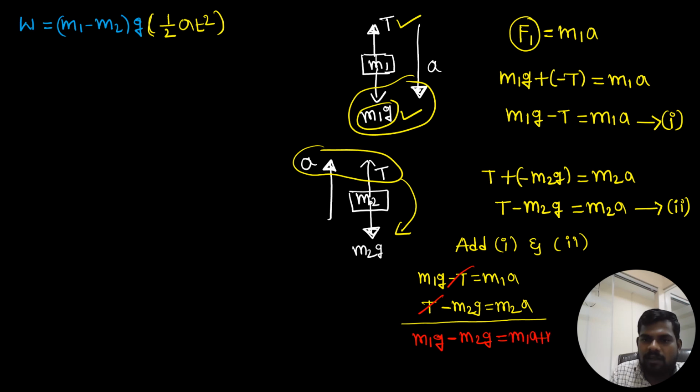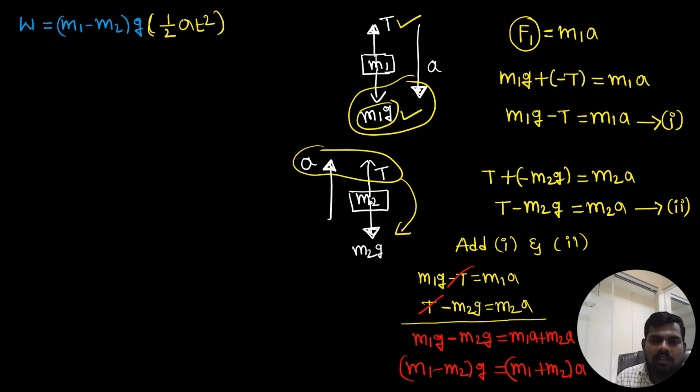m1a plus m2a. So what is common in this case? g is common: m1 minus m2, g is common. That is equal to m1 plus m2 into a, where a is common. So we take m1 plus m2 to that side.